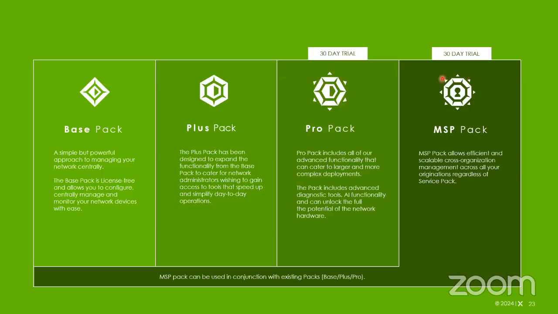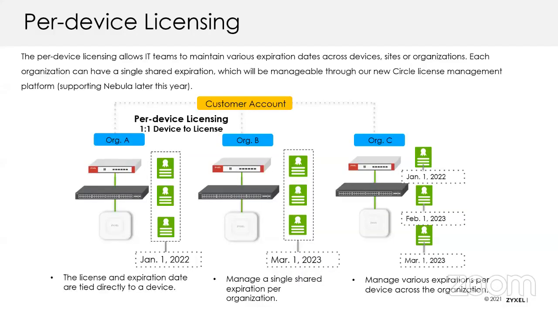This license is associated not with a customer or pieces of hardware. It is associated with an admin user. So this license, you buy it, you assign it to an admin account, and that admin account gets those extra features. So if you have multiple admins that need these extra features, you would buy multiple licenses and assign one to each user that needs those extra features.